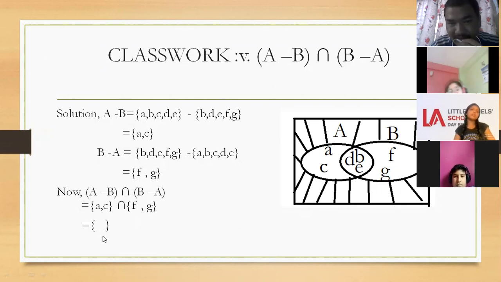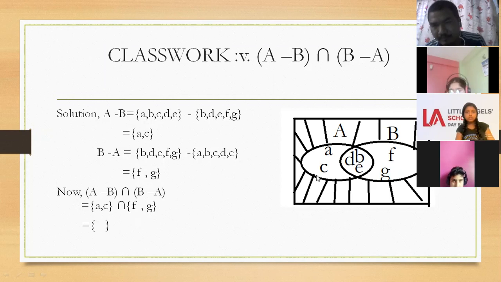If AC comes, then AC will be shaded. If BD comes, then BD will be shaded. If FG comes, then the FG part will be shaded. But here there is no element, that's why the outside part, which has no element, will be shaded here. Okay, students?